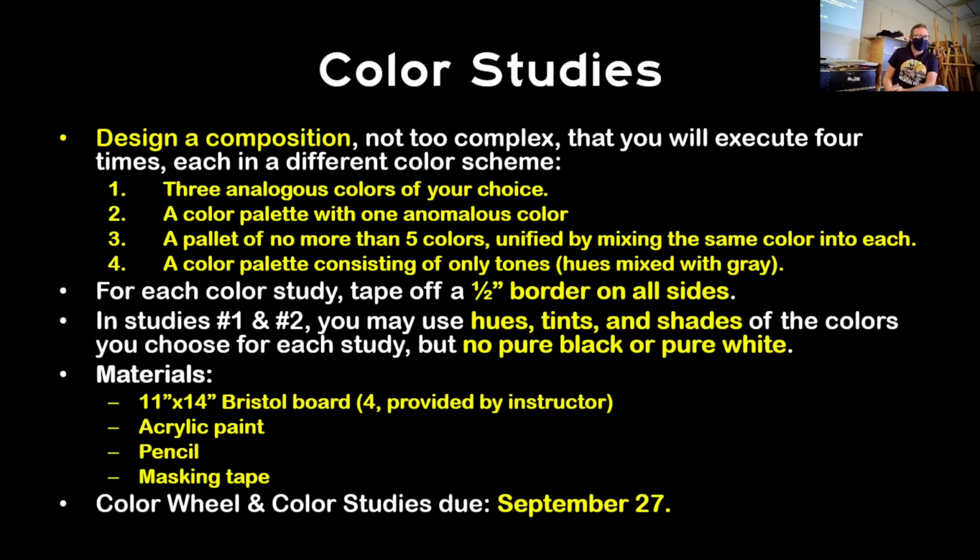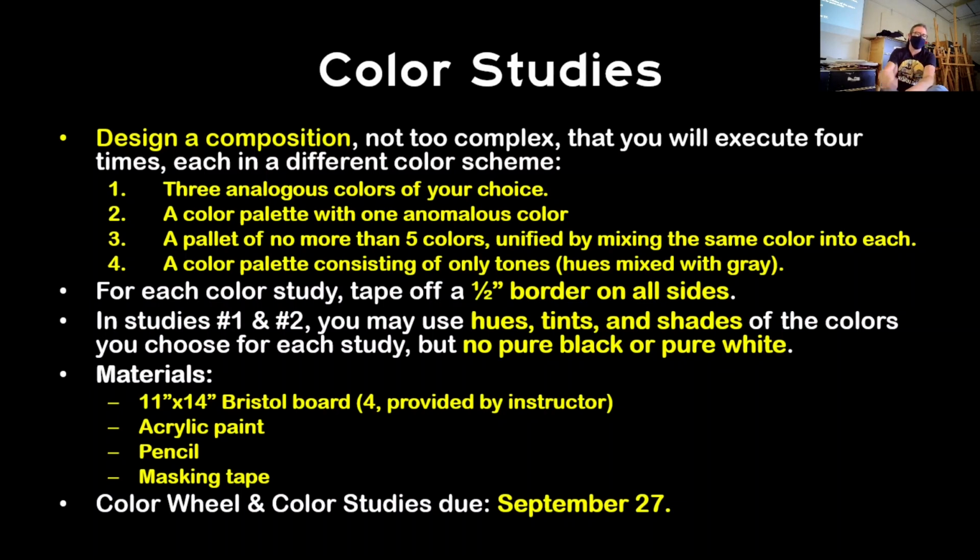For each of the color studies, I want you to tape off about a 1/2-inch border on all 4 sides. So there's a white strip surrounding them when you turn it in. And in studies number 1 and 2, the analogous and the anomalous color, I don't mind if you also bring in tints and shades of your colors that you've chosen. That's okay.